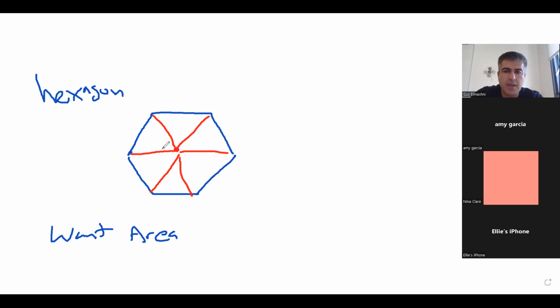Okay. And if you think about it, that's 360 degrees all the way around. So each angle will equal 60 degrees because you're doing 360 divided by 6, right?